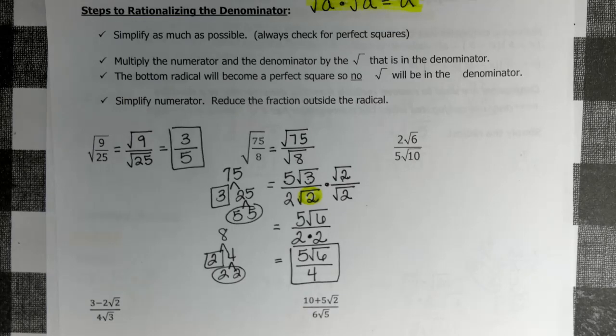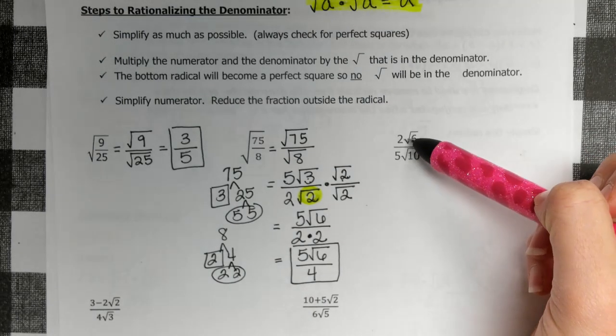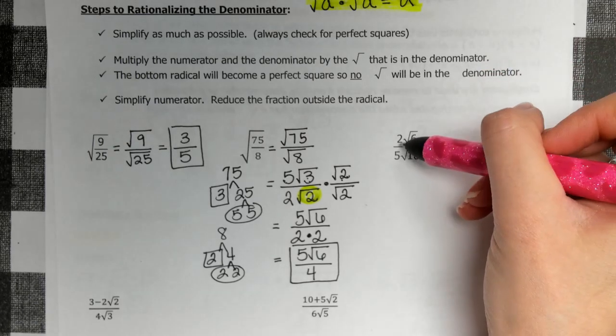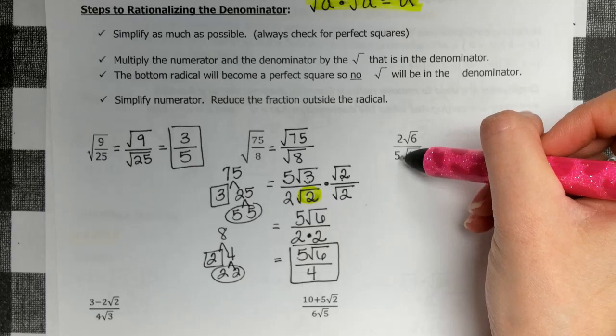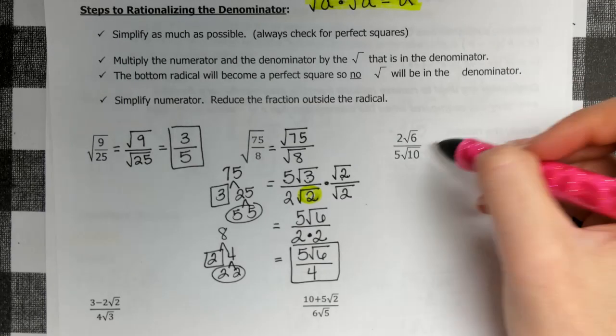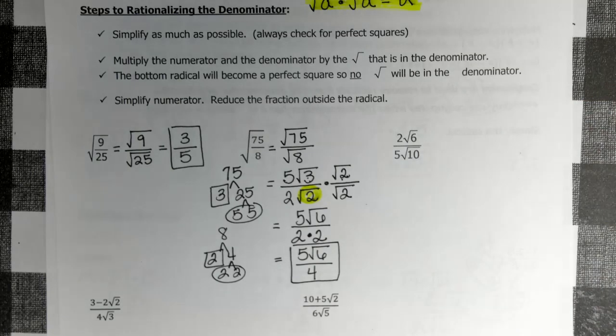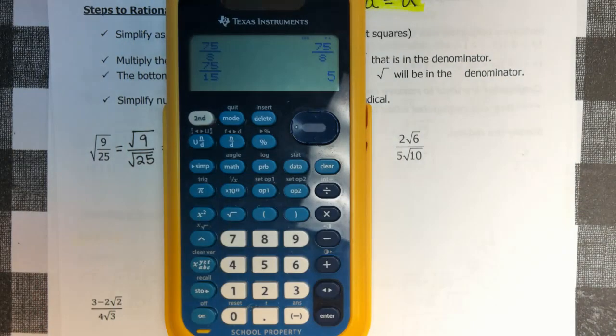Any questions on those steps? So now I've got 2 square root of 6 over 5 square root of 10. I'm going to check, can 2 over 5 simplify? No. So then I'm going to check, can 6 over 10 simplify? They're both under radicals, right? So I can do outside and outside simplified, and radical and radical.